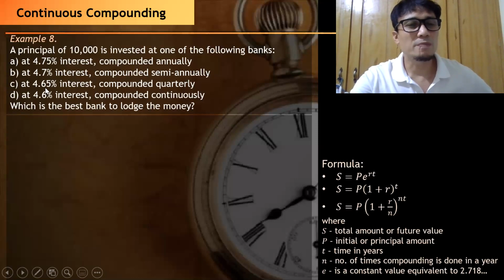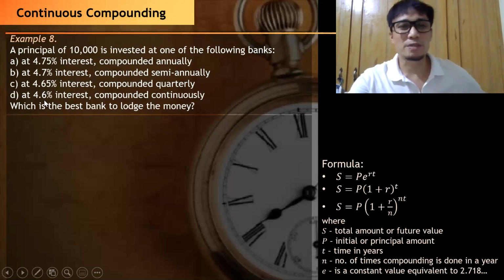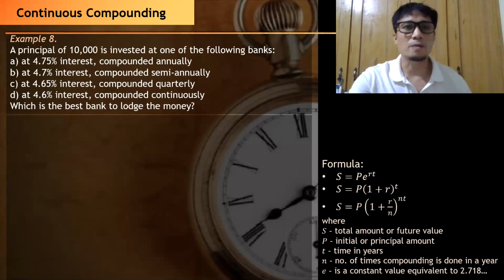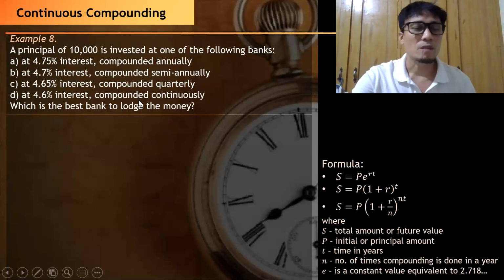The third pays 4.65% interest compounded quarterly, and the fourth bank pays 4.6% interest compounded continuously. So which of the four banks pays better for the invested amount?